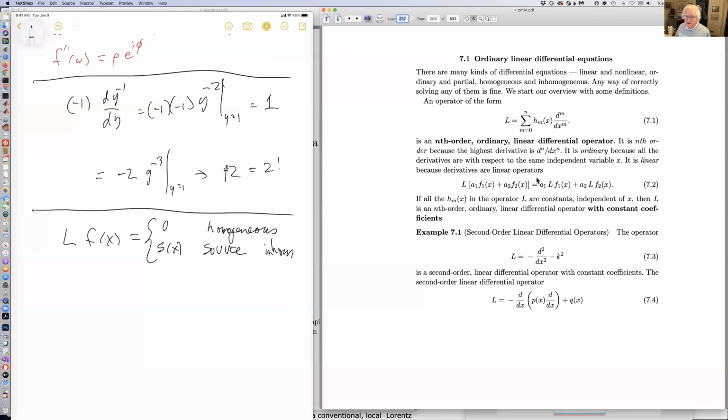And it's linear because derivatives are linear operators. And so basically L(A1 F1 + A2 F2) is A1 L F1 plus A2 L F2, which is what is written here. So this is why it's linear.